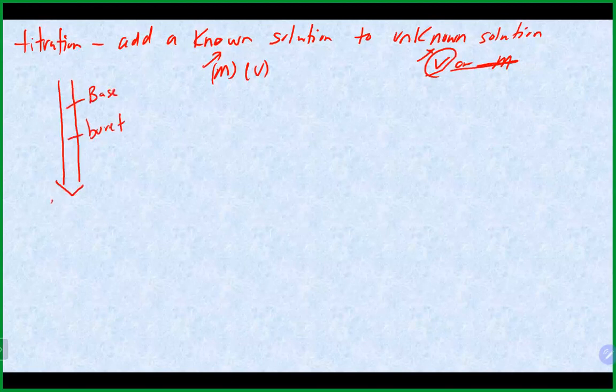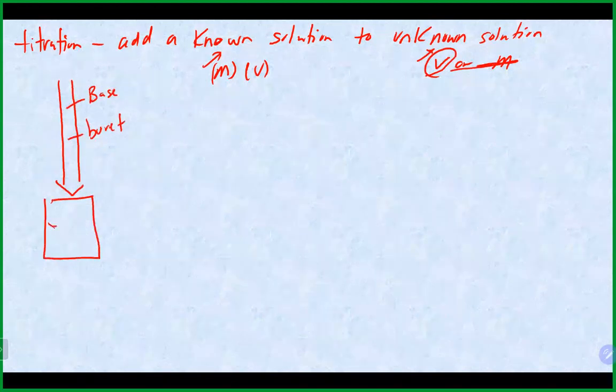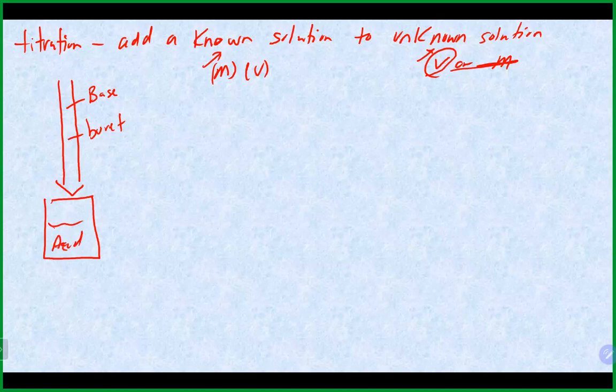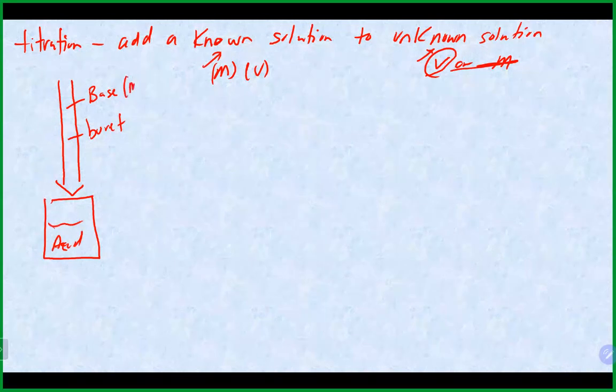And in the beaker or the flask would be, for example, your acid. And the idea here, for example, like the experiment that we did, is the molarity of your base, and the volume of the acid that you're adding or that you're starting with. We also include, obviously, like you did, an indicator.